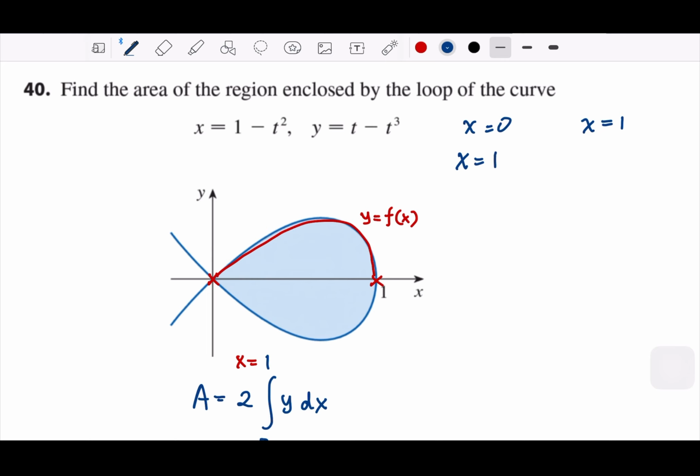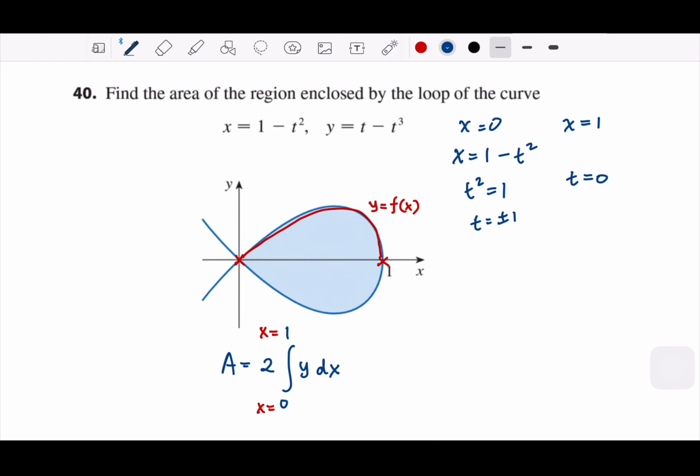So based on the parametric, t squared equals 1, and then t equals 0, or t here is plus or minus 1. But then we also have y that is 0, right? Y is 0.